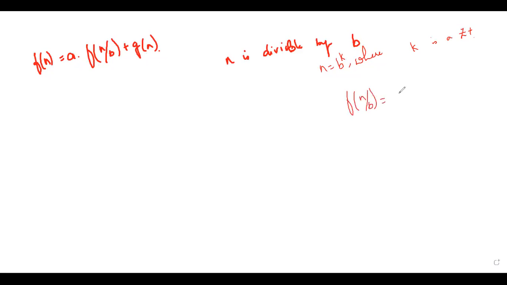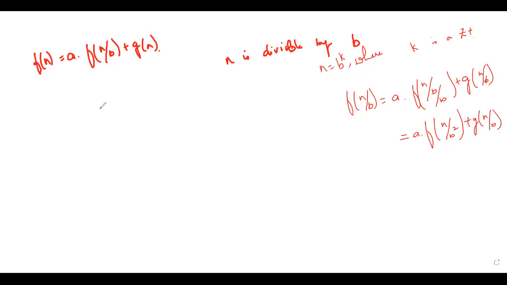We can write f of n by b is equal to a into, instead of n I am taking n by b. So here instead of n I will be taking n by b, and instead of this n also I will be taking n by b. So how should I write it? F of n by b plus g of n by b. Now this n by b by b is simply n by b square. So this b will go into the denominator and we will have b into b, n by b square plus g of n by b.